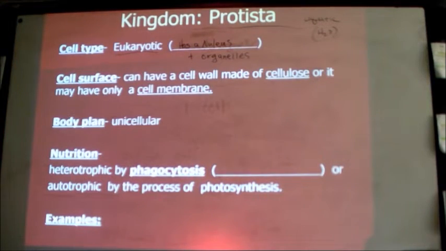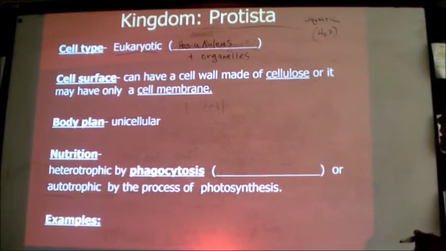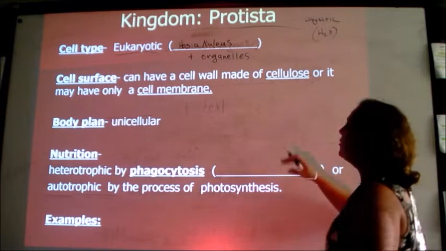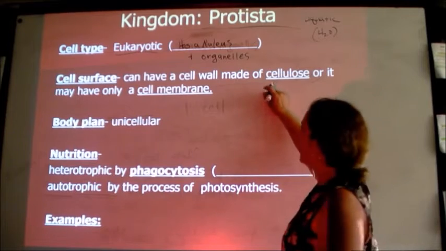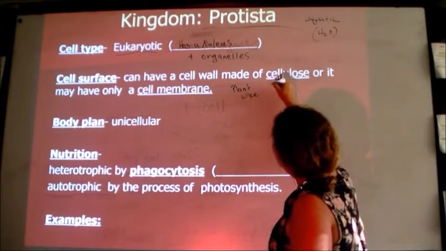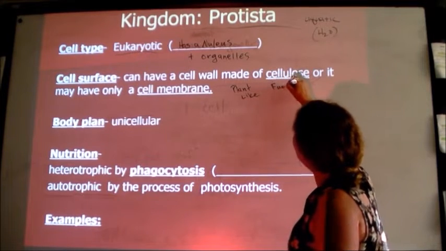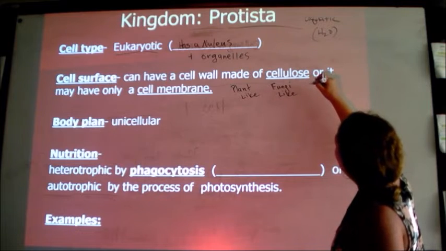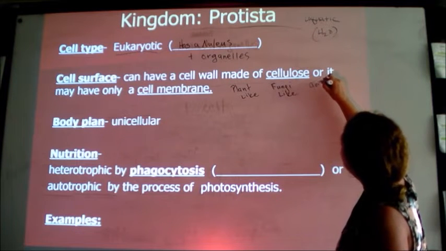Their cell surface can have a cell wall made of cellulose, or it might only have a cell membrane. So protists fall into three categories. They can be plant-like, they can be mushroom-like, or fungi-like, and they can be animal-like.